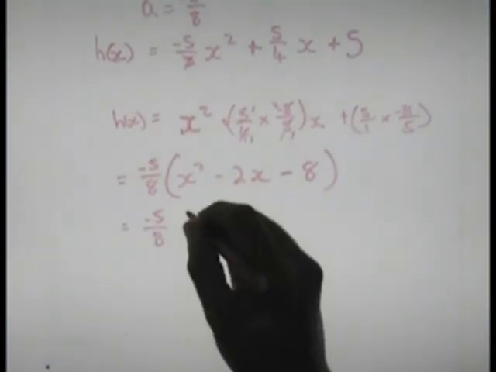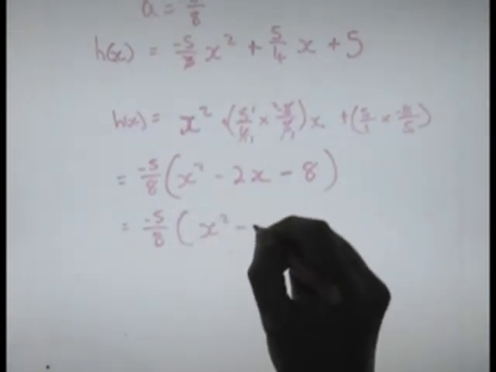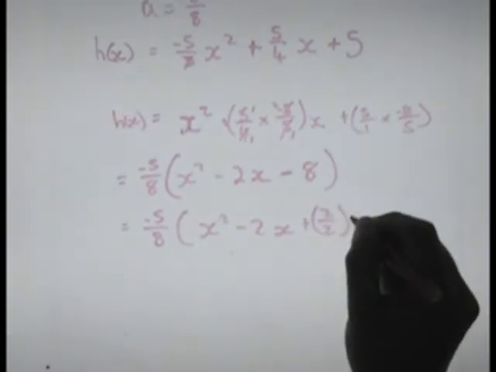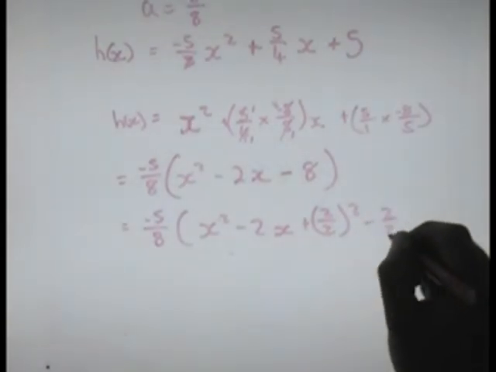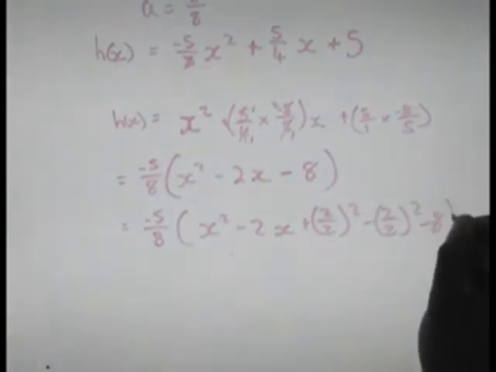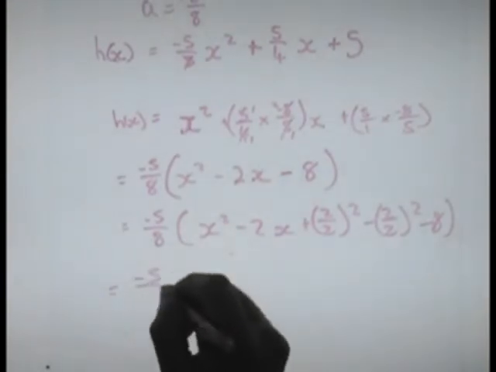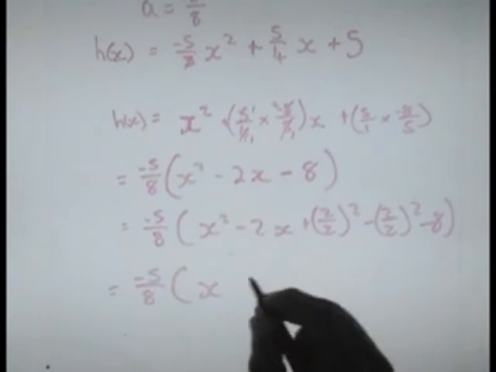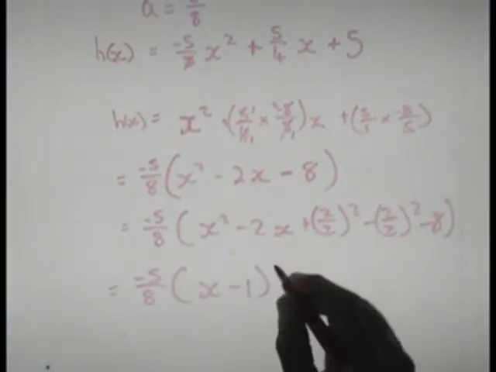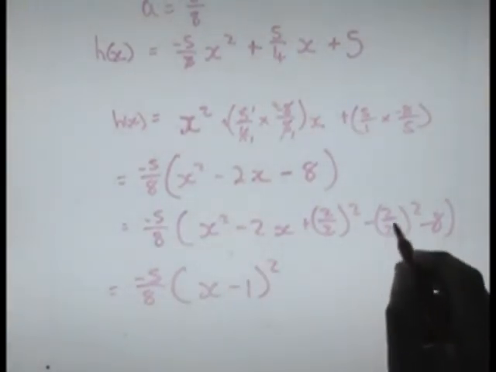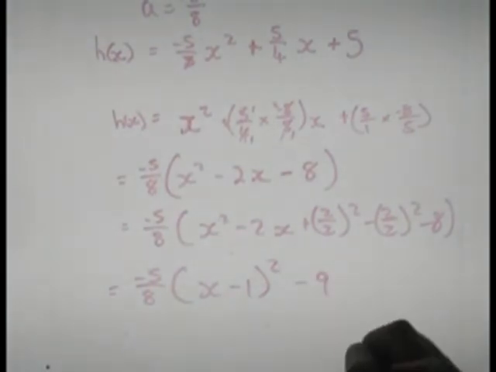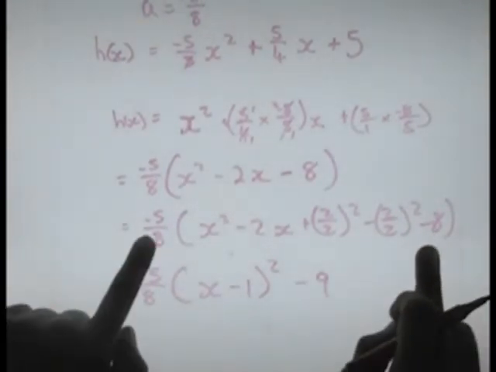So that's minus 5/8 multiplied by x squared minus 2x plus 2/2 squared minus 2/2 squared minus 8. This will become 2/2 is 1, so that will become x minus 1 squared, minus 2/2 squared is going to be 1, so that's minus 1 minus 8 is minus 9.